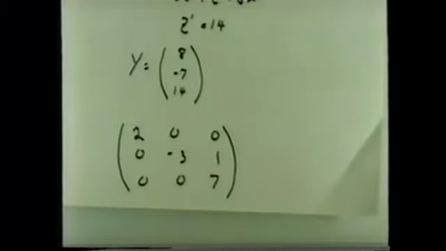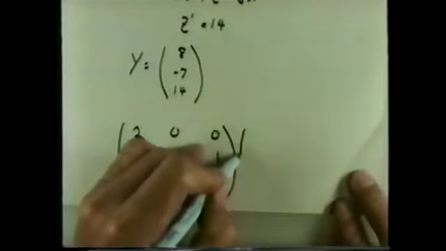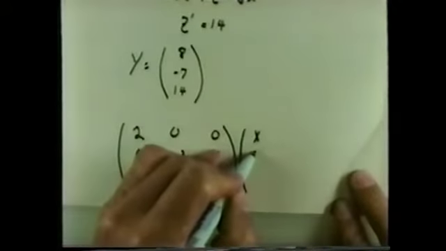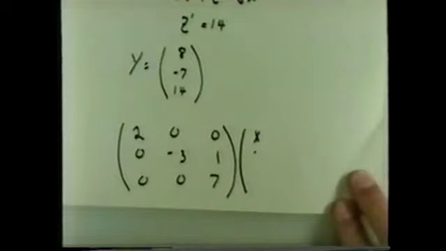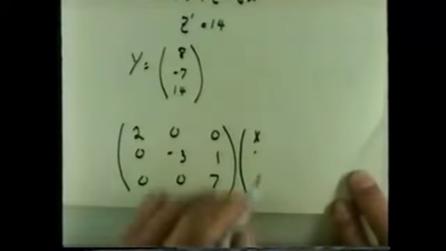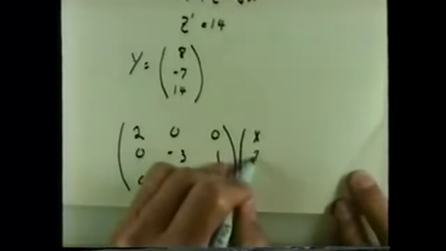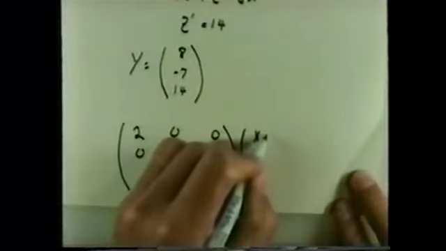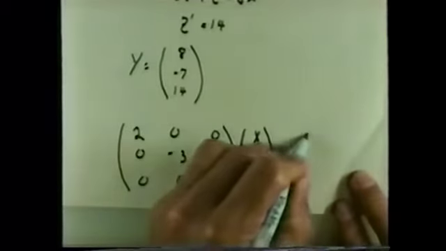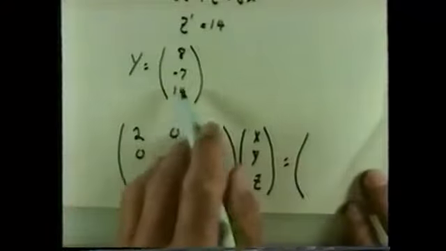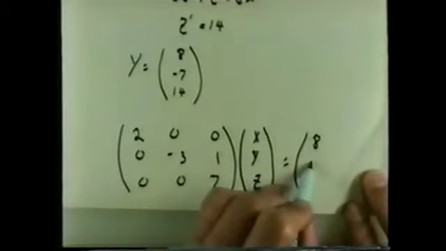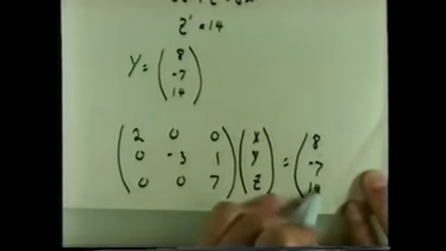So that would be U times X, or solve for UX equals Y. So X, which is x, y, z, is equal to the Y that we've just solved for, which is 8, negative 7, 14.